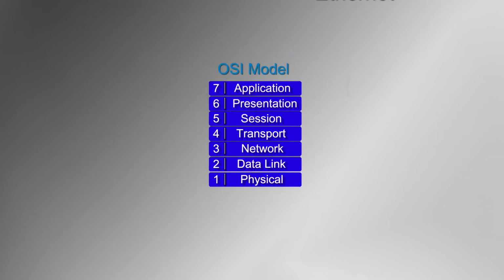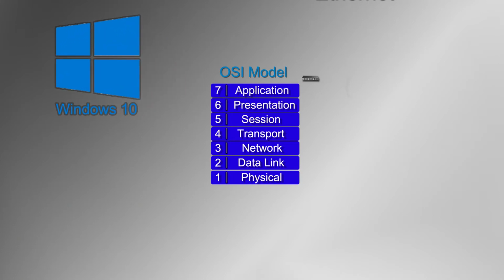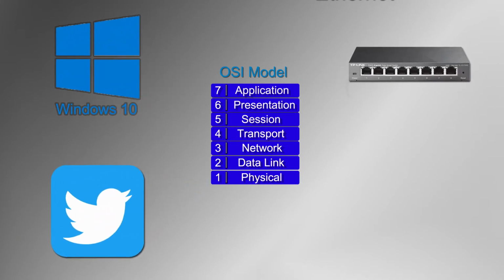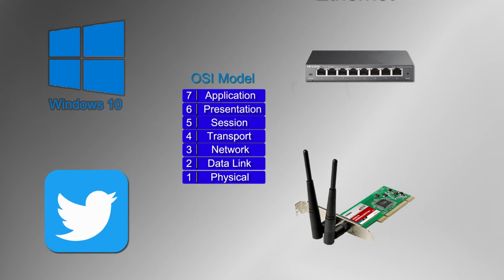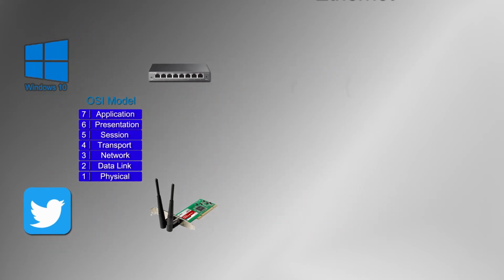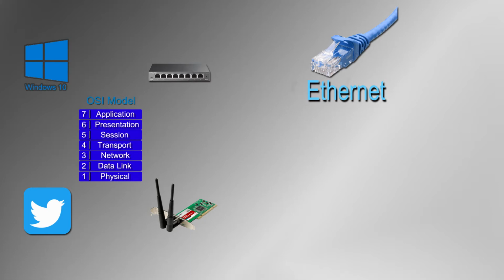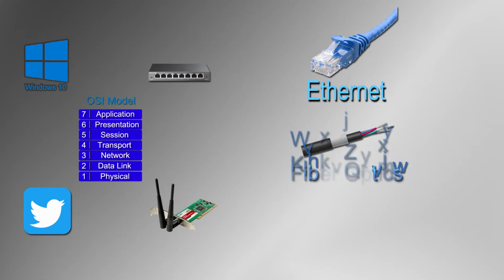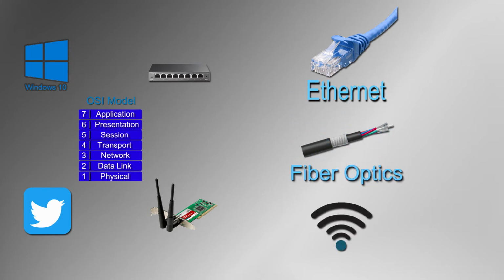All of these layers use a variety of operating systems, networking hardware, applications, and network cards in order to send data via Ethernet, fiber optics, and even Wi-Fi.